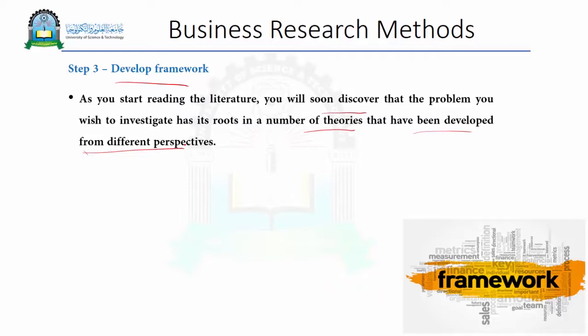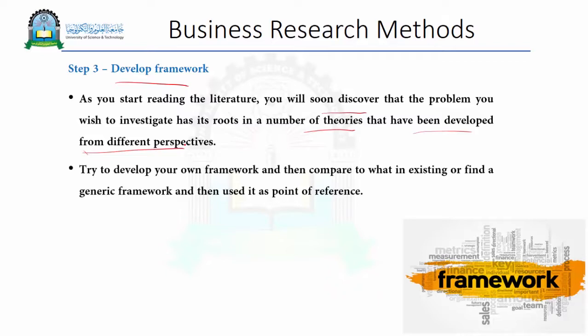So you need to understand the different perspectives of the theories, because as we know, theories can be looked at from different angles. So you need to develop a framework from the previous work. Try to develop your framework and compare it to an existing or generic framework, and then use it as a point of reference.